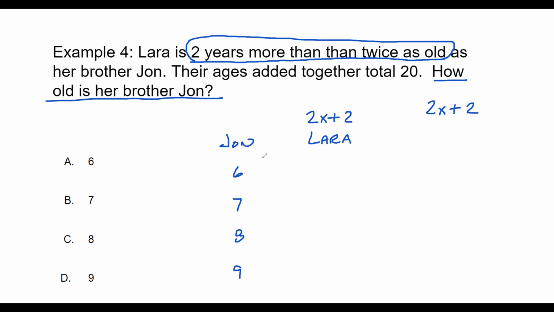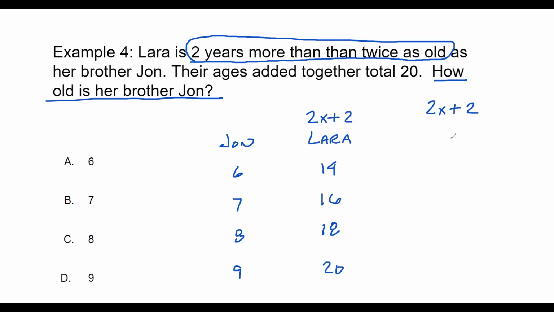We're going to take John's age, multiply it by 2, and then add 2. So 6 times 2 plus 2, that would be 12 plus 2, 14. 7 times 2 plus 2 would be 16. You see the pattern here. 8 times 2 is 16, plus 2 is 18. And 9 times 2 is 18, plus 2 would be 20.